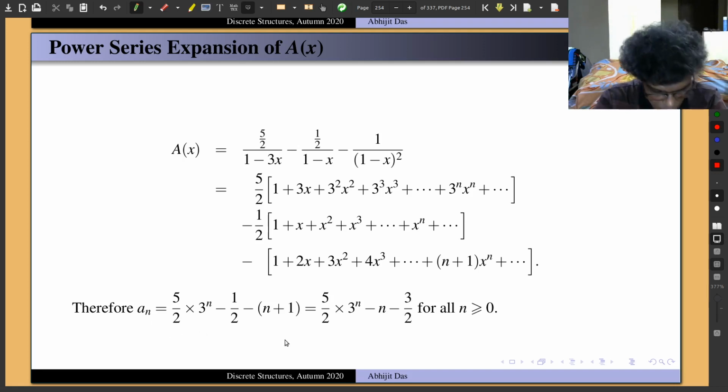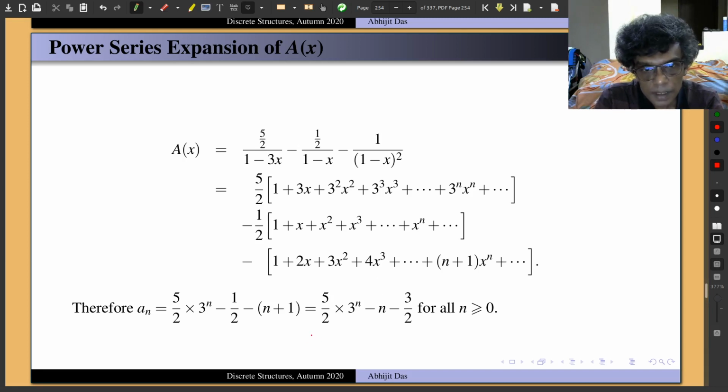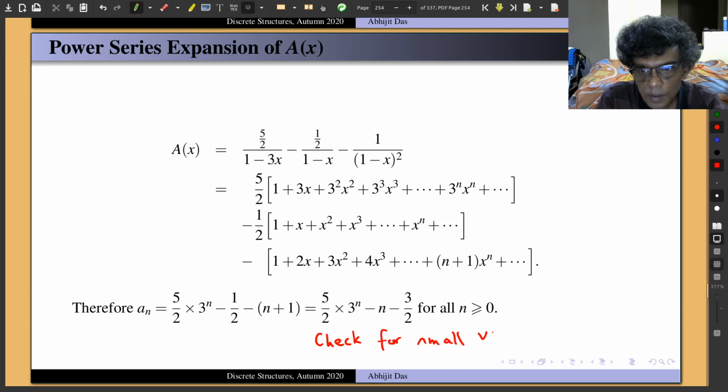Okay, so I leave it to you. Check that this formula is correctly computed. Just check for small values of n, whether this is giving the correct result.